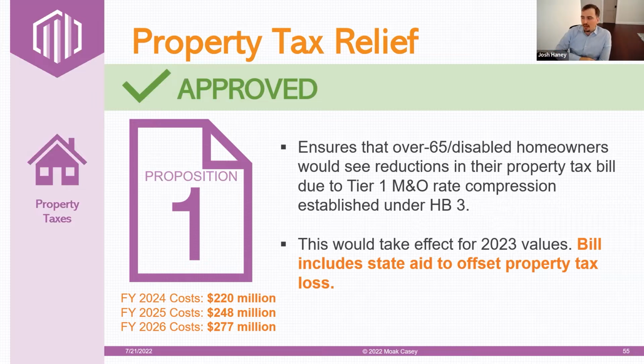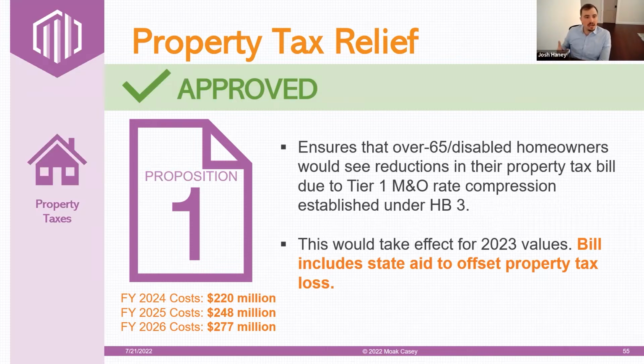Okay, so for those of y'all that aren't aware, over 65 and disabled homeowners can have their tax bill frozen at their amount in the year that they were qualified. Okay, so let's say I turned 65 2 years ago. My levy was frozen at $1,000, but my property values keep going up.